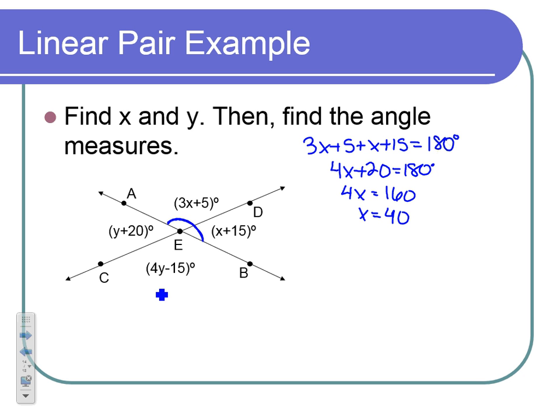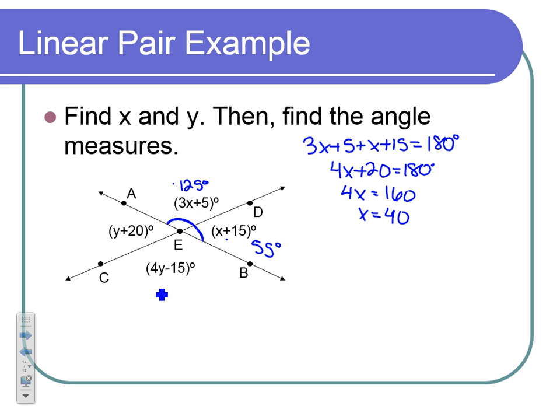So if I plug it into this top angle, AED, I have 3 times 40, so that'll give me 120, and then I add 5, this should be 125. There's a couple ways to figure out this next one, angle BED. You can take 180 and subtract 125, or we can just plug 40 in. Either way you go, you should get 55 degrees.